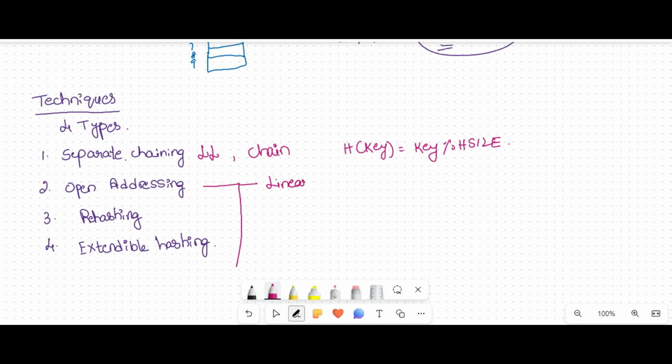This open addressing is divided into three techniques. One is linear probing. Second one is quadratic probing. Third one is double hashing. Now, linear probing, here I will write summarizedly the hash functions used.